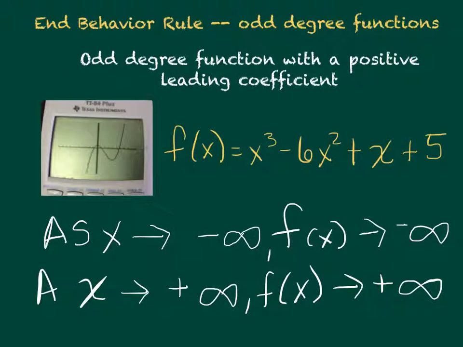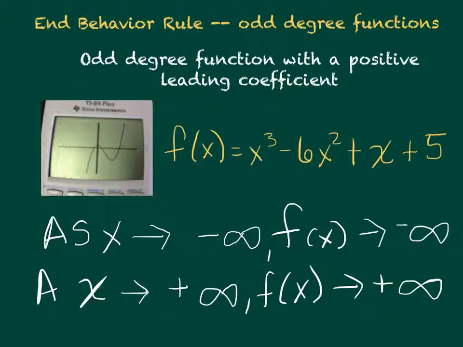Now, as you might have expected, it's going to be different for odd degree functions. This is a basic odd degree function, a cubic function that has a coefficient of 3. And notice that even though we still have some steepness going on here, we actually have a function that goes to the negative in one direction and goes to the positive in the other.